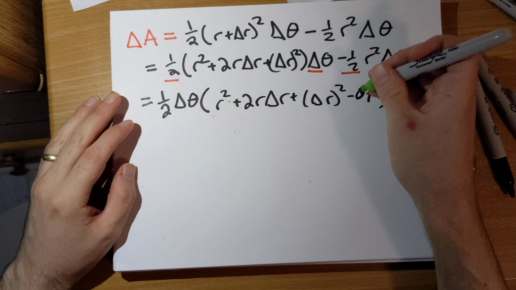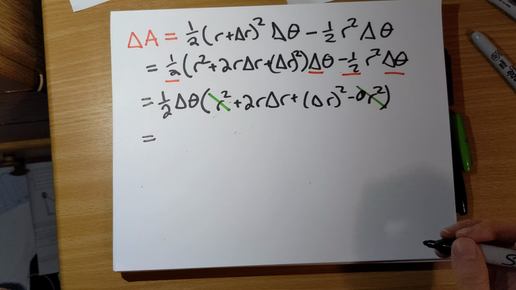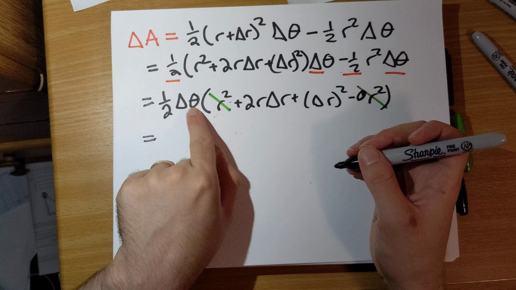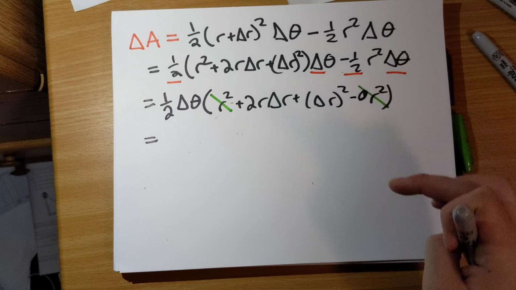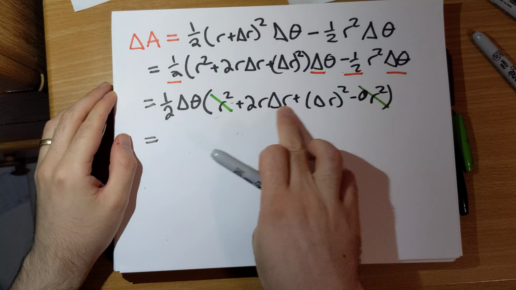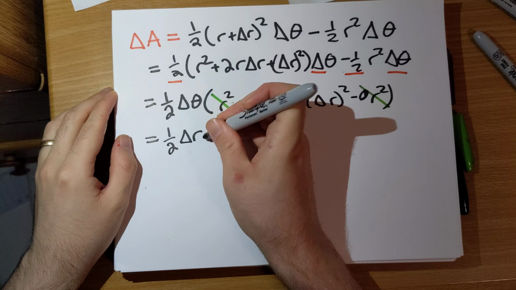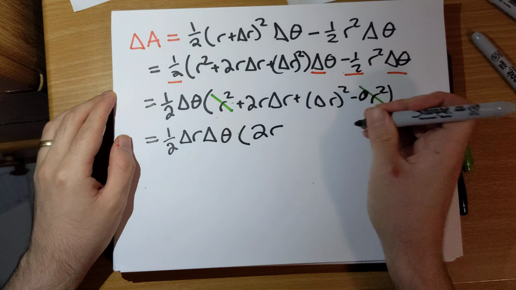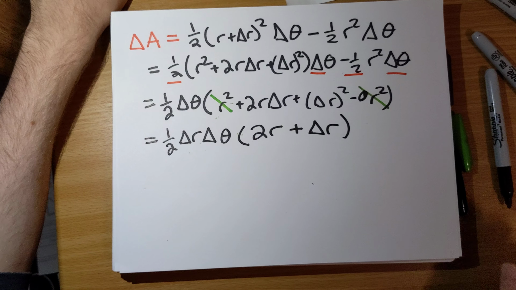Hey, look, those r squareds cancel out. And so we are left with 1/2 delta theta times (2r delta r plus delta r squared). I can factor out another factor of delta r here: 1/2 delta r delta theta times (2r plus delta r).